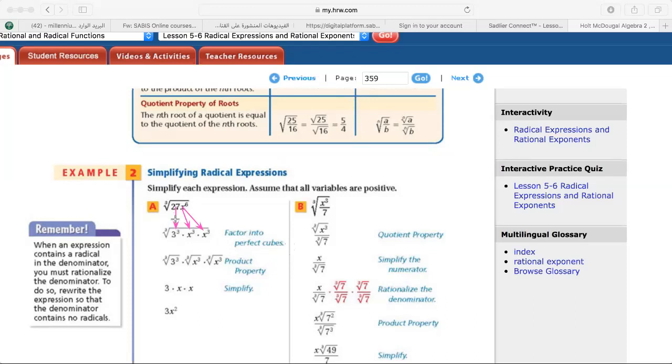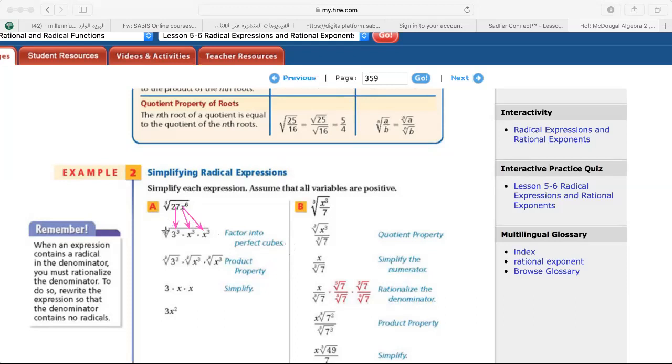So 27, factored into perfect cubes, is 3 to the power 3, 3 cubed. And x to the power 6, I factored into x cubed and x cubed.